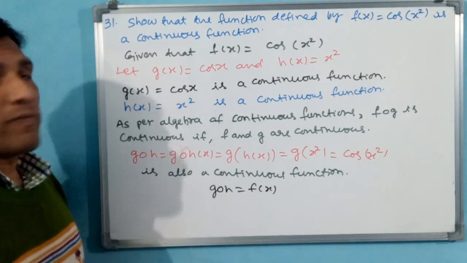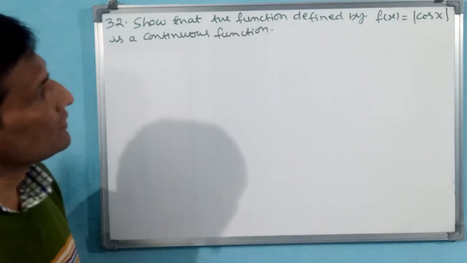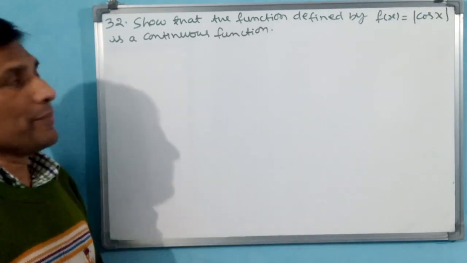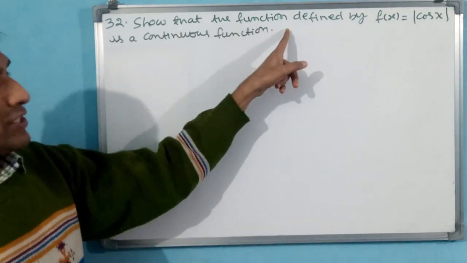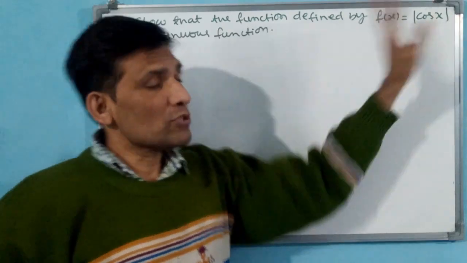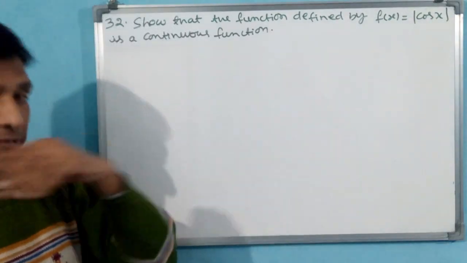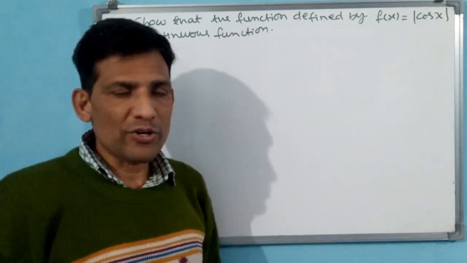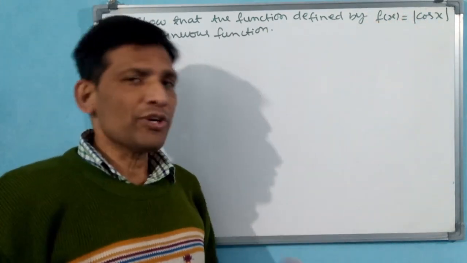Okay, let us go to the 32nd question. See what they have given. Show that the function defined by f of x is equal to modulus of cos x is a continuous function. This is also the same thing. Why? Because cos x is continuous, we know. Modulus x is also continuous, we know. Why?